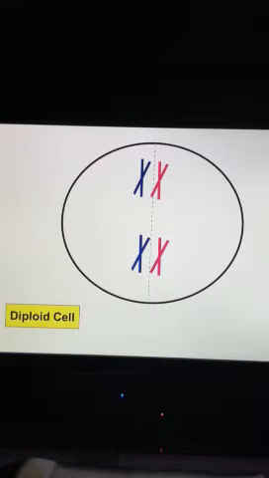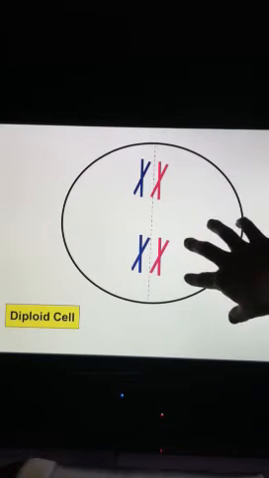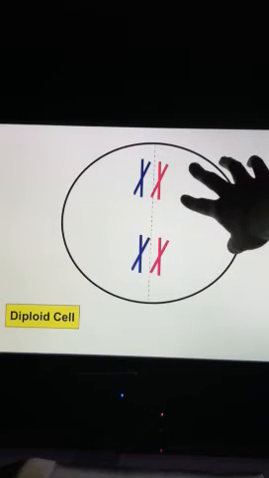Every single time a homologous pair lines up in the middle of the cell, it's totally random which side the paternal chromosome is on and which side the maternal chromosome is on. Now, this bottom tetrad or homologous pair is totally independent of this top one.